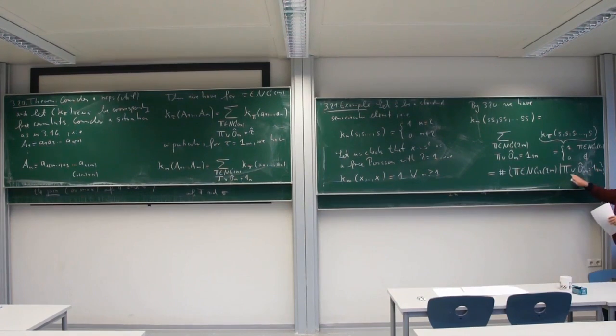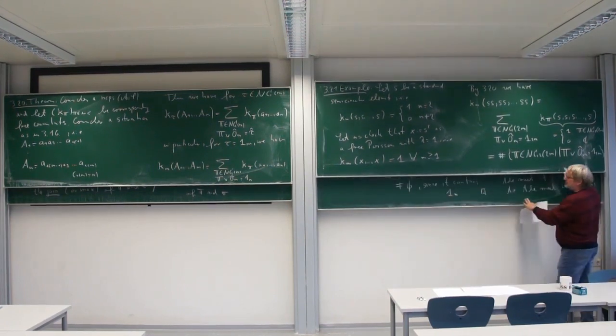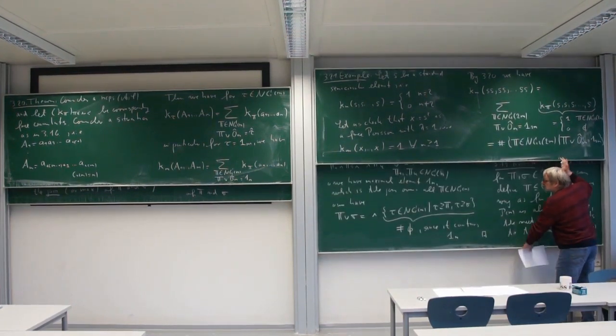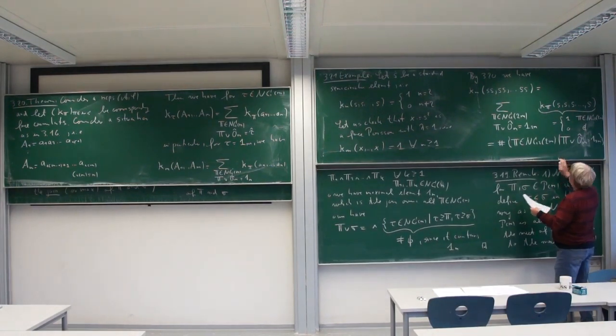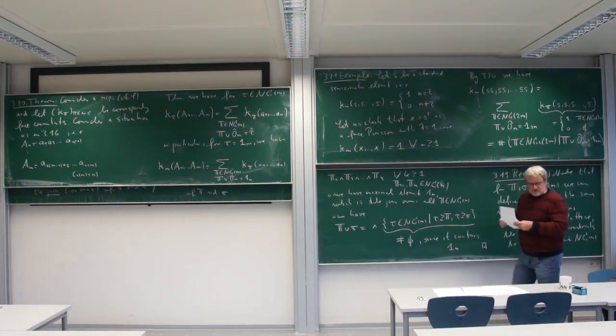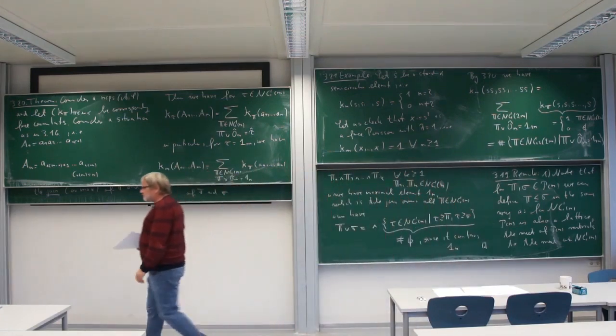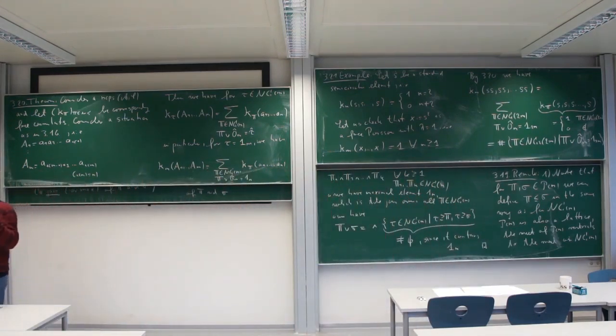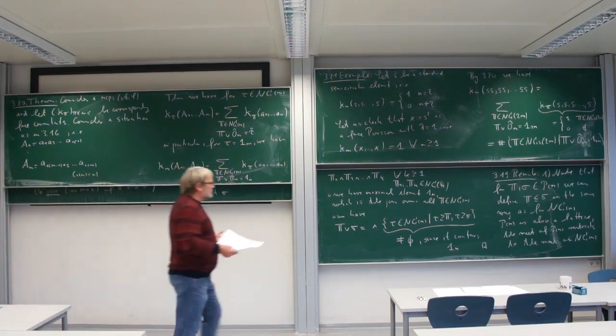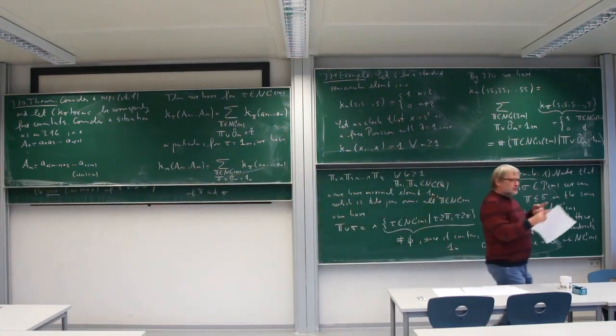Good, so we have to understand what this condition means in this specific context. Okay, first of all, what is this 0 hat? This is the partition whose blocks are given by taking the positions where I multiplied the arguments together. And here, of course, I'm just multiplying always 2 arguments together.